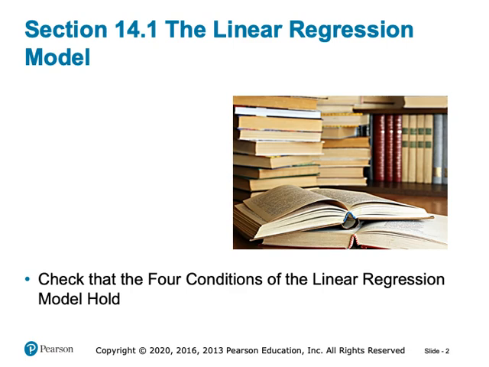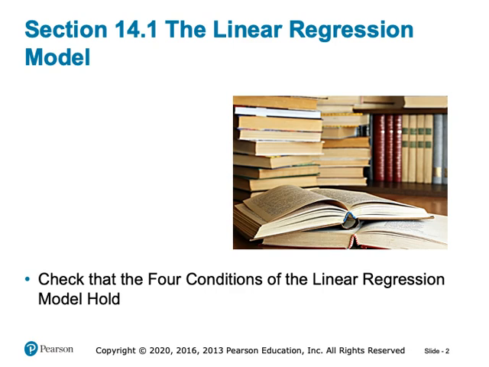Now, as we move into section 14.1, we begin our in-depth exploration of the linear regression model. This section is crucial because it lays the groundwork for everything else we will discuss in this chapter. The linear regression model is one of the most widely used tools in statistics, allowing us to summarize the relationship between two numerical variables and use that relationship to make predictions.